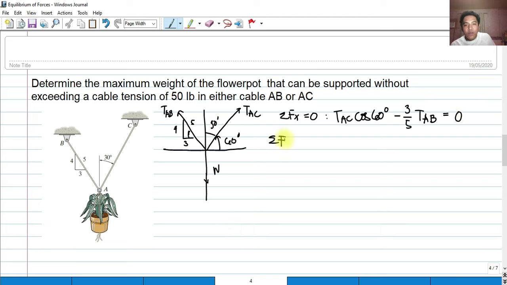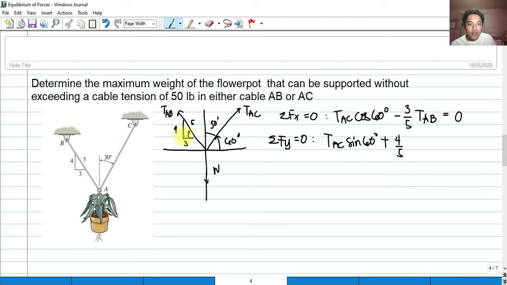So, in summation of F sub y equals 0 on the y-axis, that should be T sub AC sine 60 degrees. Then if we project T sub AB on the y-axis, that's going upward. So that is 4 over 5.